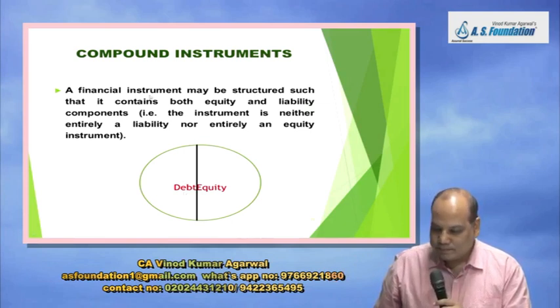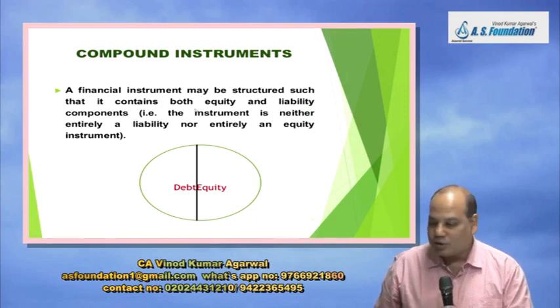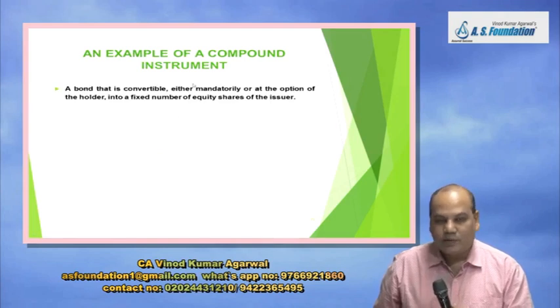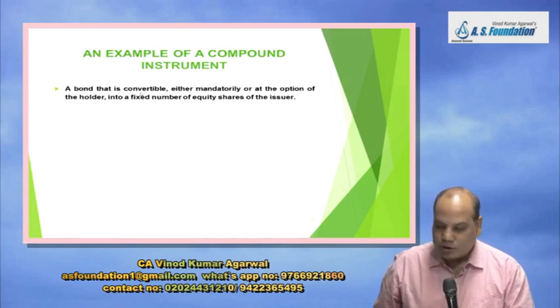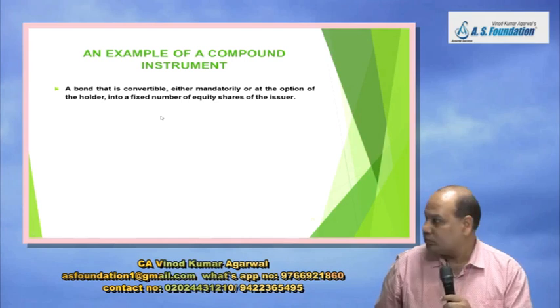A financial instrument may be structured such that it contains both equity and liability components. That is, the instrument is neither entirely a liability nor entirely an equity instrument. An example of a compound instrument: a bond that is convertible, either mandatorily or at the option of the holder, into a fixed number of equity shares of the issuer.